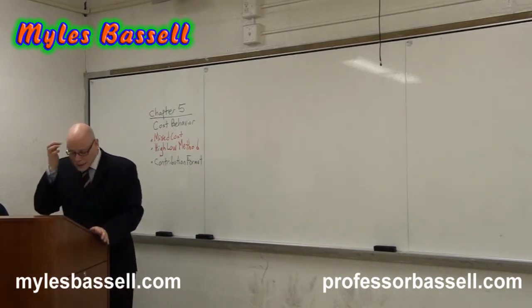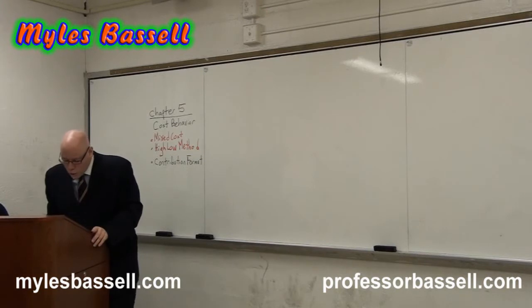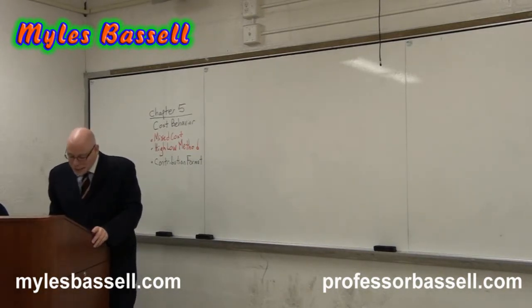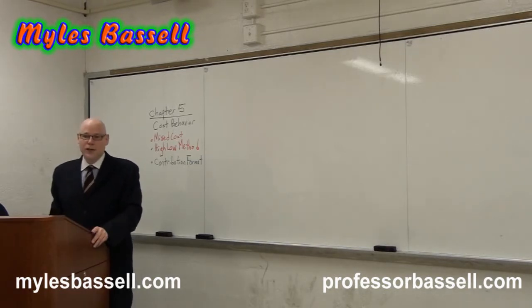But anyway, let's see what happens at this company called Espresso Express. Right, that's the name of the company. Espresso Express operates a number of espresso coffee stands in a busy suburban mall. The fixed weekly expense of a coffee stand is $1,200, and the variable cost per cup of coffee served is 22 cents.